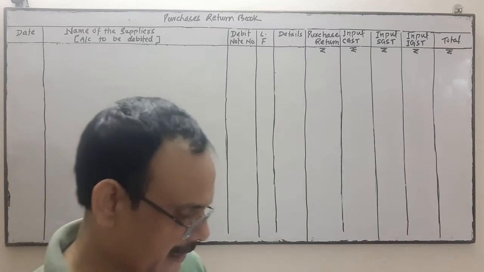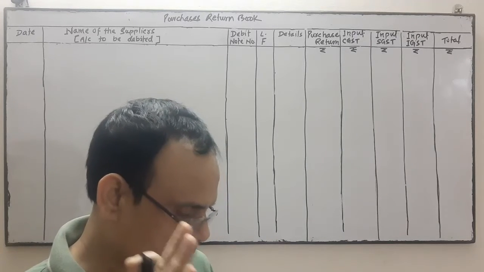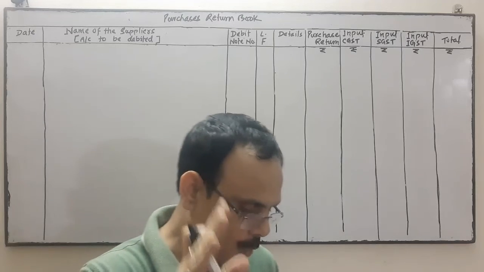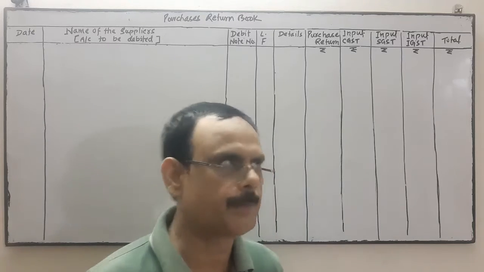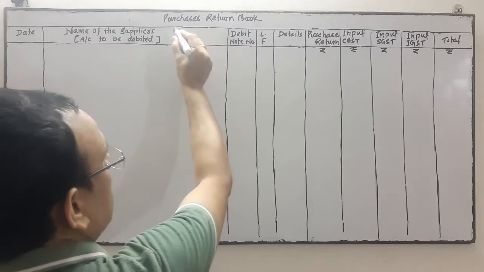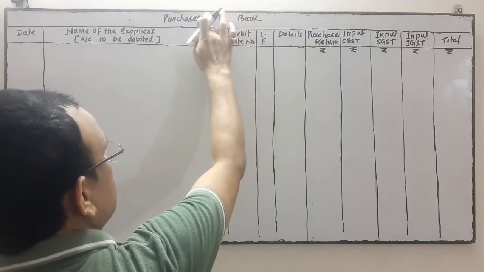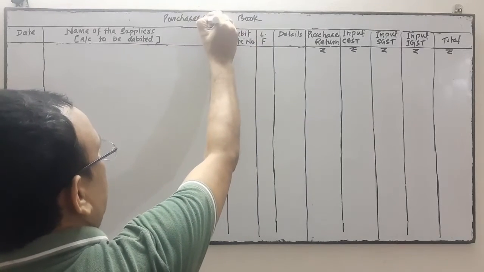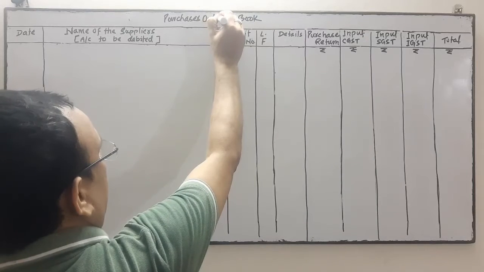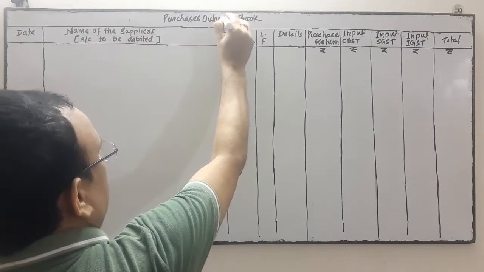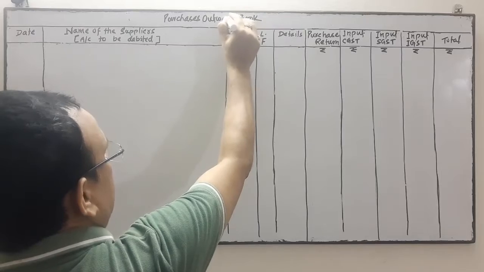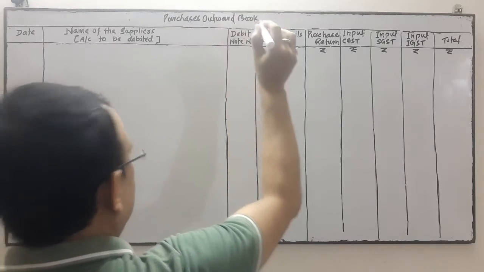The first transaction in the question is: write up the return outward book of Malhotra and Company. Return outward book means purchase return book. Outward book or return book is the same thing.